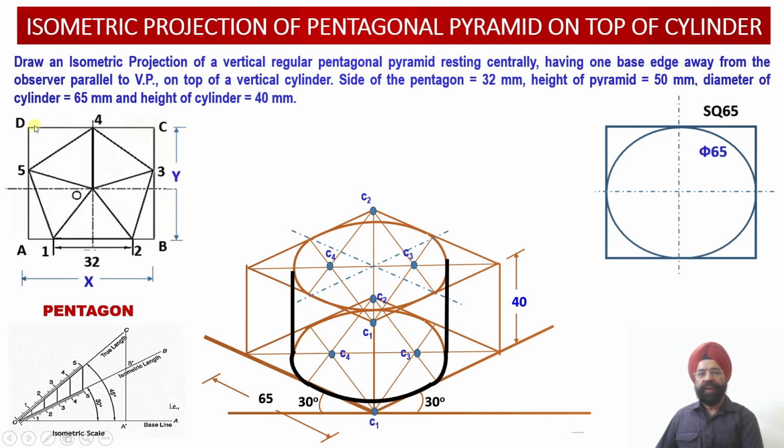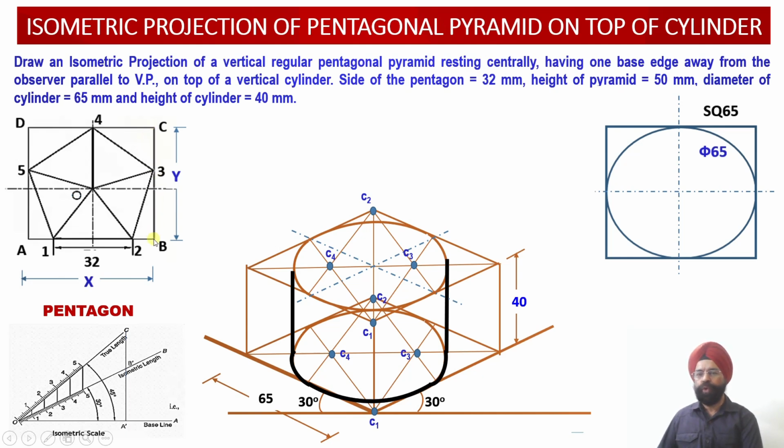That is why we have drawn the geometric construction of this pentagonal shape with an edge length of 32 millimeter, and then inscribed this pentagonal shape within a rectangle. Now this rectangle will be drawn over here first of all, and we know that there are two dimensions of this rectangle. One is the dimension x. X means the A to B distance, that is the longer edge. The other dimension is y. Y corresponds to the side BC, which is the shorter dimension.